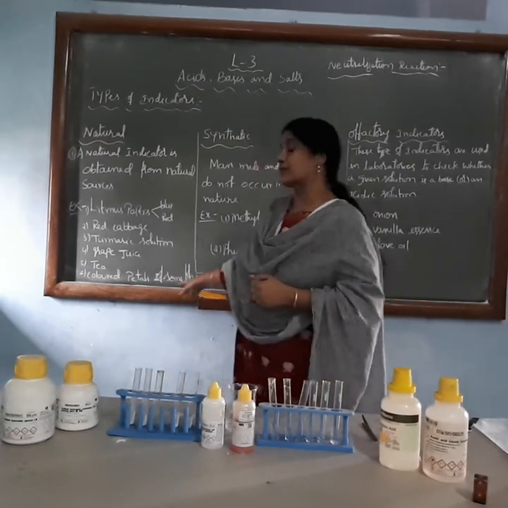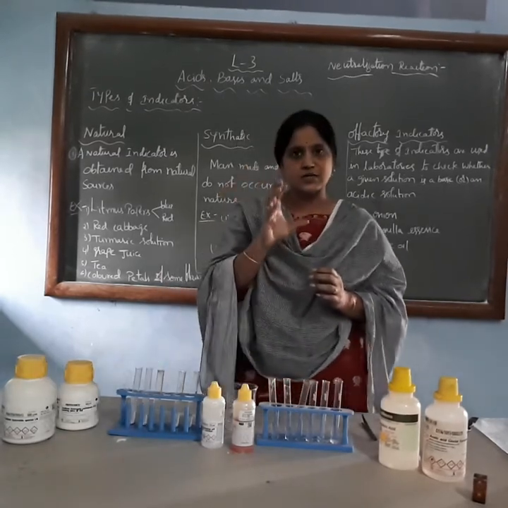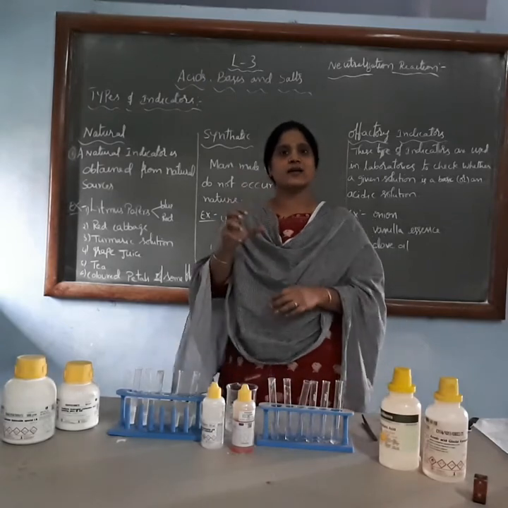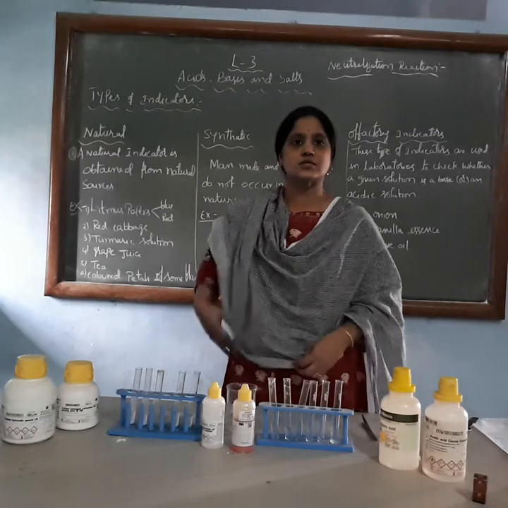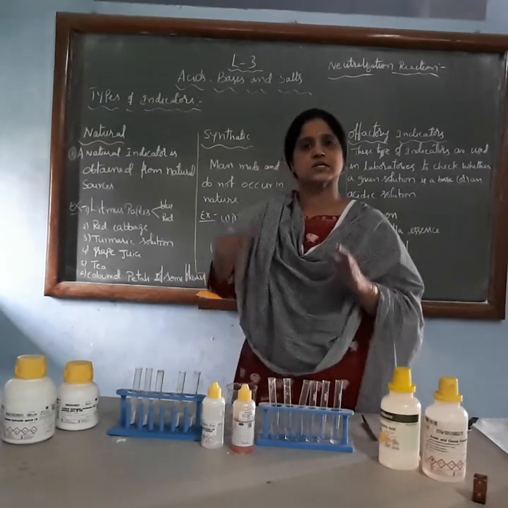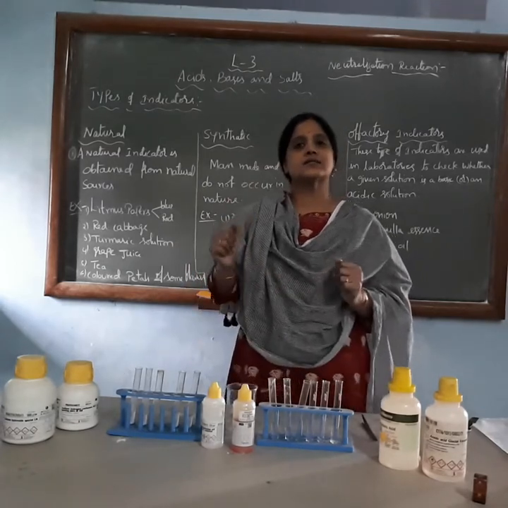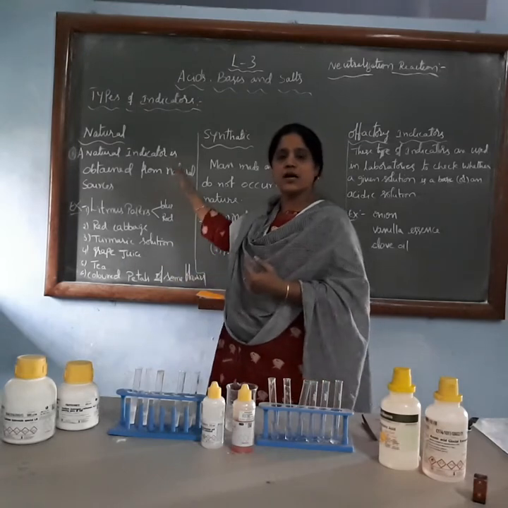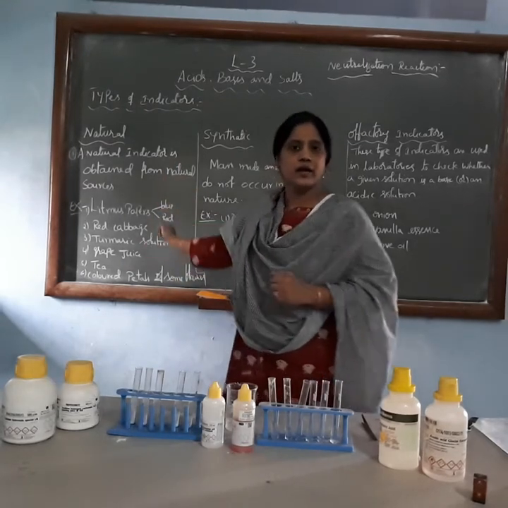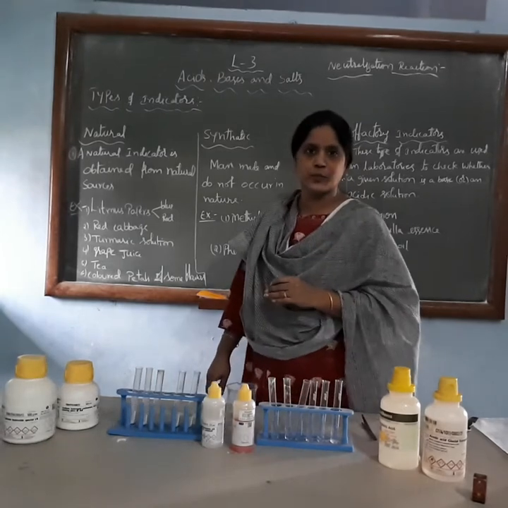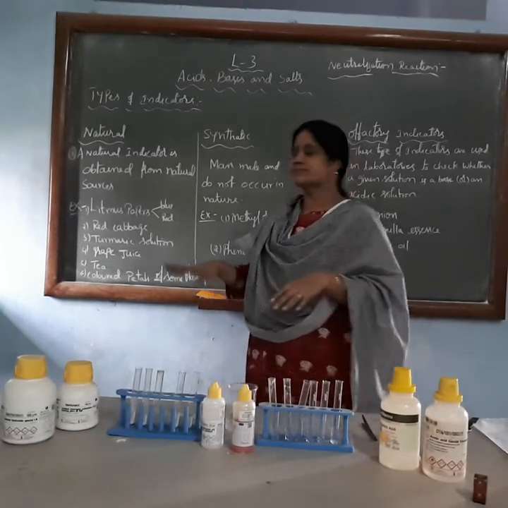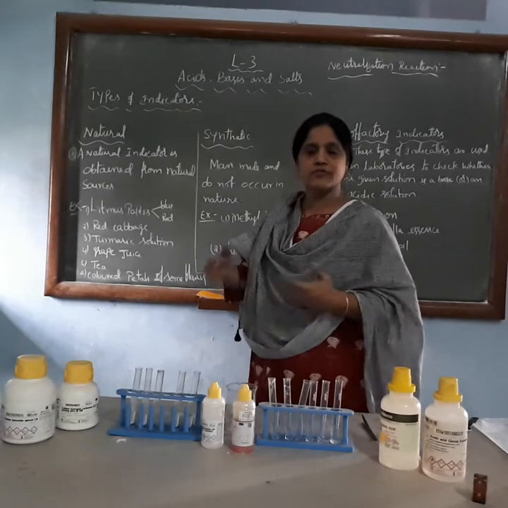Some colored flower petals can also be extracted to get juice, and that juice can be used to check whether the given substance or solution is an acid or base. So all this comes under natural indicators. Generally we use only litmus papers in the lab, since we can get them easily.